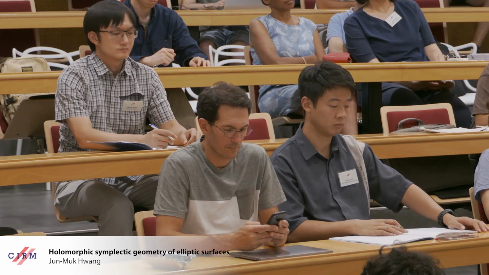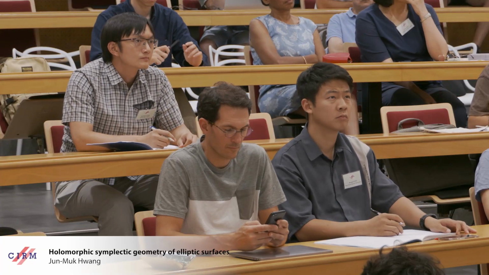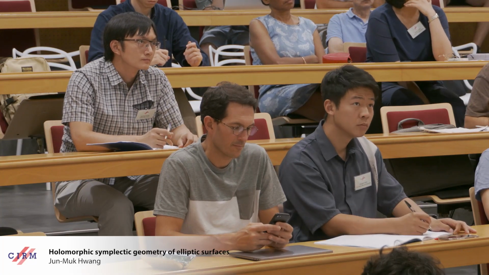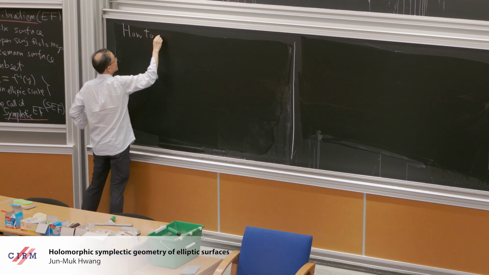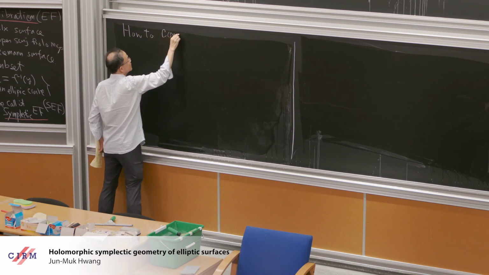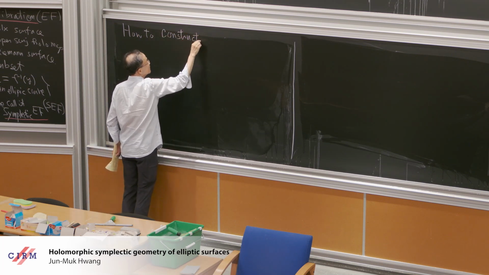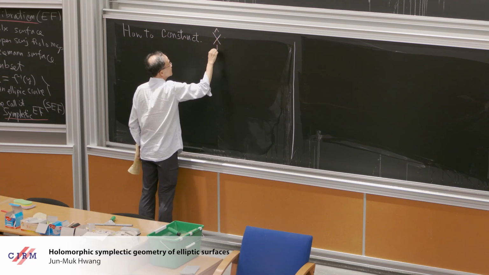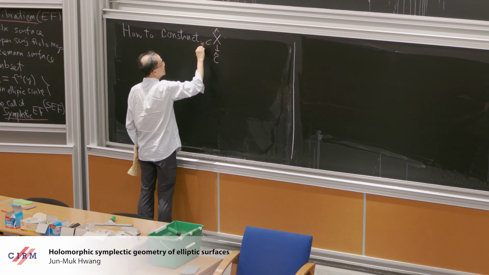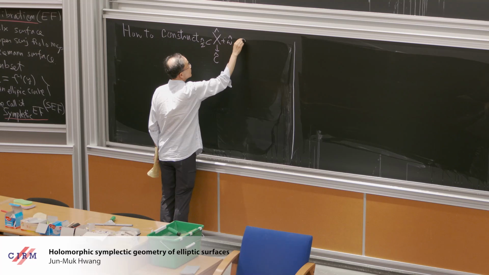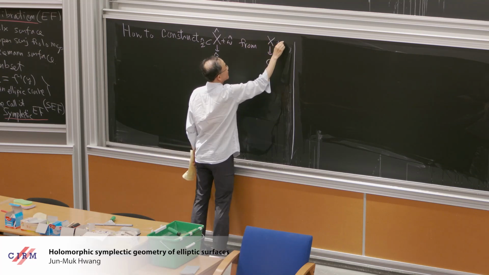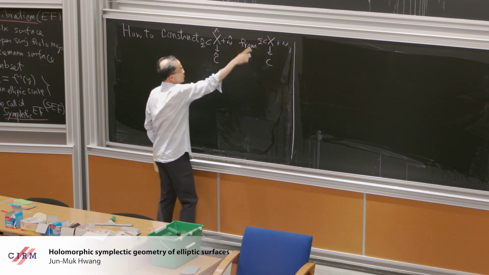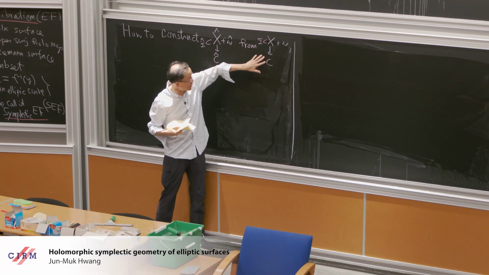Okay, so let's see how one constructs the symplectic reduction. You are given any symplectic elliptic fibration.